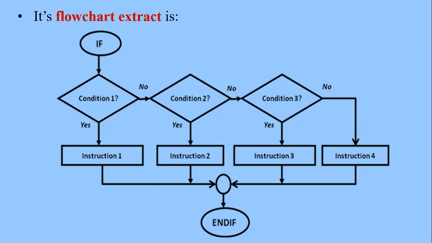Otherwise, if it evaluates to false, check condition 3. If condition 3 evaluates to true, to yes, execute instruction 3. Otherwise, if condition 3 is not met or it evaluates to false, execute instruction 4.